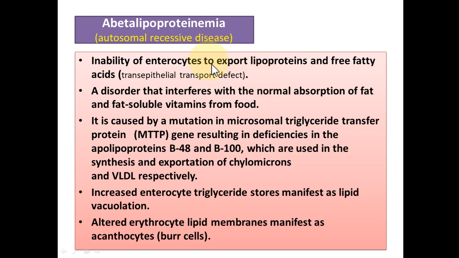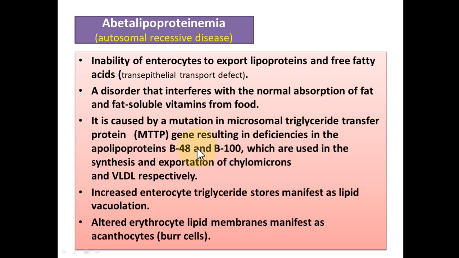So in this type of disorder, there is deficiency of the apolipoproteins B48 and B100, and the presence of these apolipoproteins is a must for the formation of lipoproteins because it makes it possible for the lipoproteins to be carried in the blood.